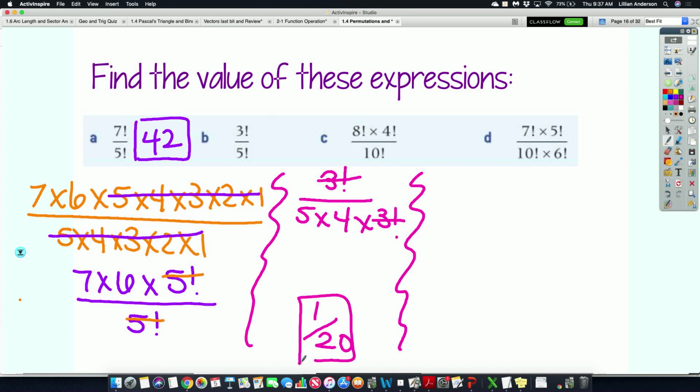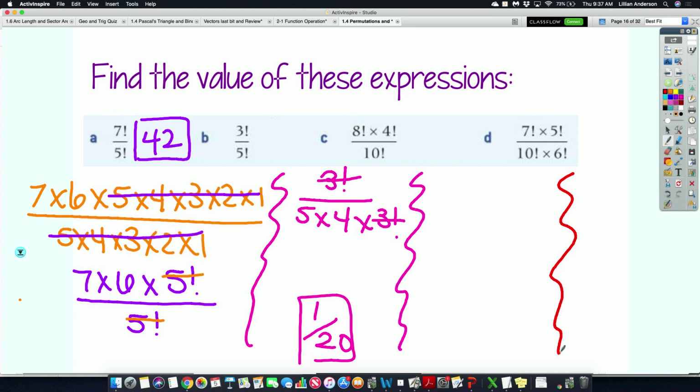Let's look at C. I have 8 factorial times 4 factorial. No, that does not become 32 factorial, nor does that become 12 factorial. Don't try to do some type of operation between the two. You leave them separate. But what I can do, can I cancel some stuff out?